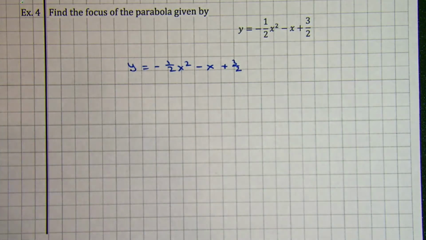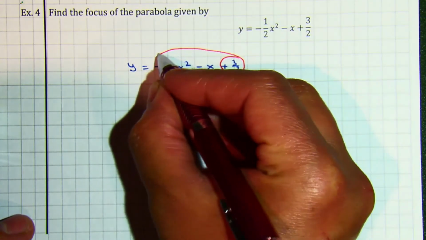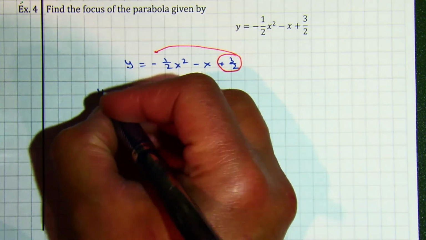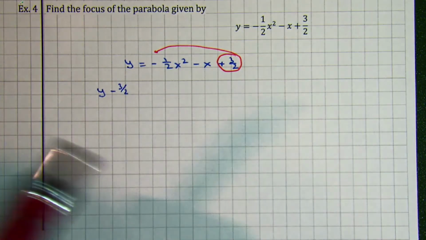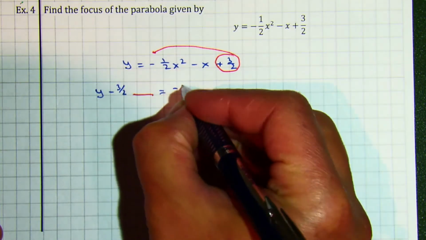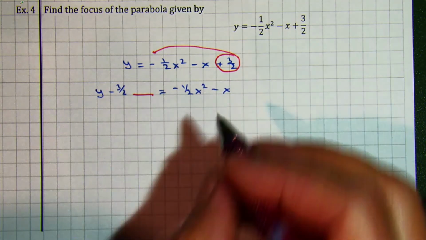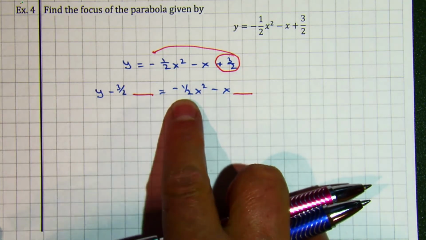In order to complete the square, I need to move my 3 halves to the left. It becomes a negative 3 halves. So therefore I have y minus 3 over 2. I'm going to complete the square, so I'm going to leave some space. Now remember that in order to complete the square, we need to have a leading coefficient of 1.